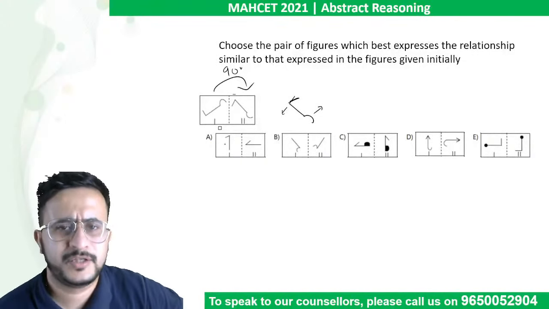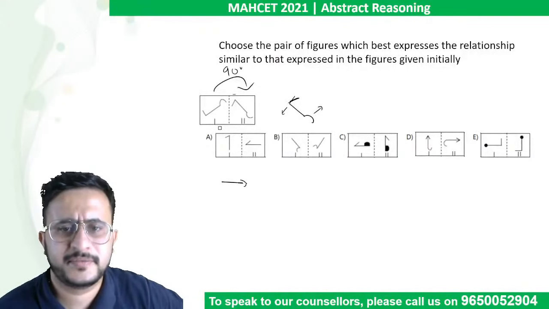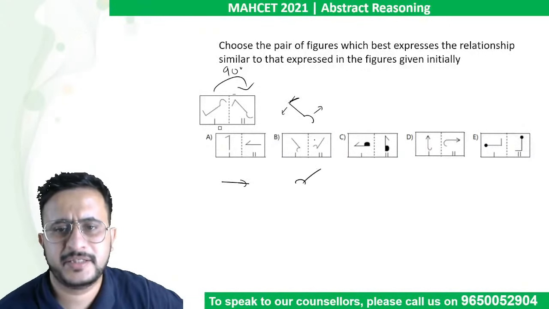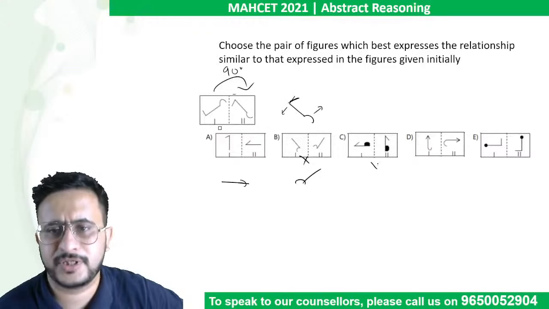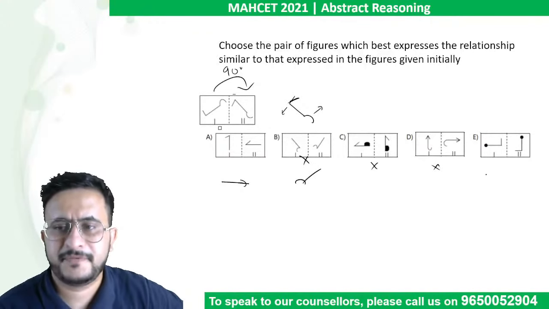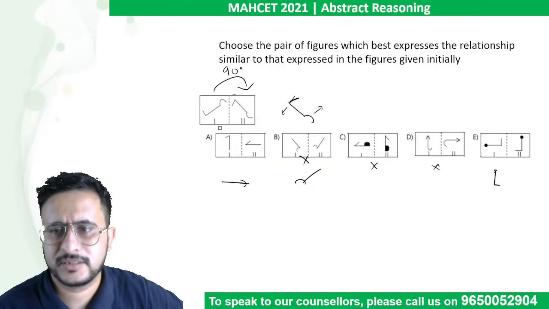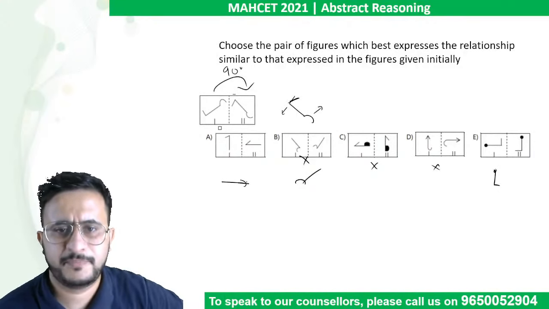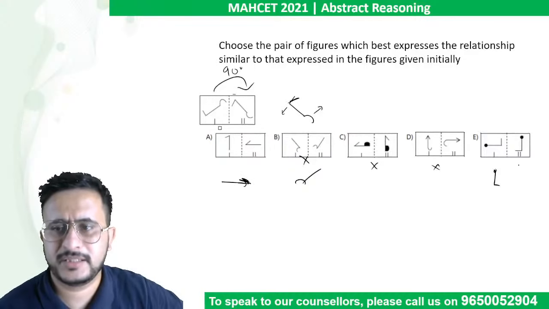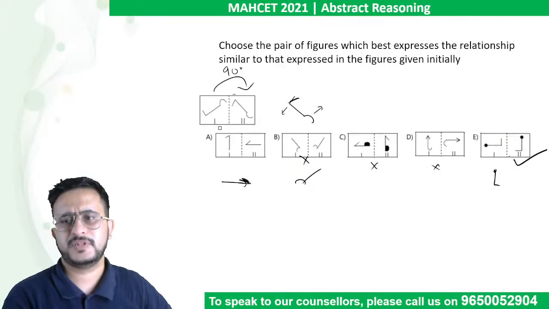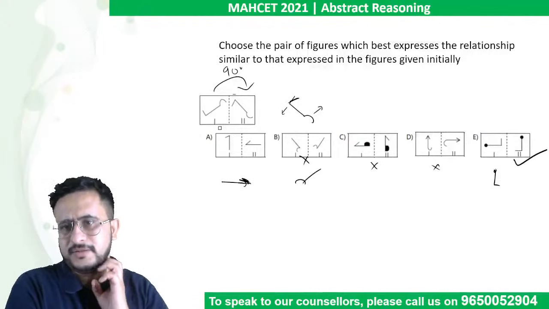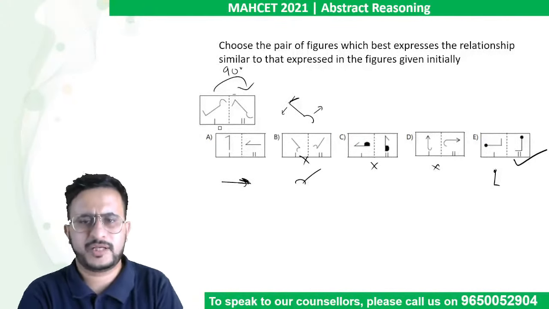So if you change by 90 degrees, these are all three 90 degree rotations. If I change by 90 degrees, I will get like this, and I will just flip it, right? So this looks to be, actually both are giving the same answer.